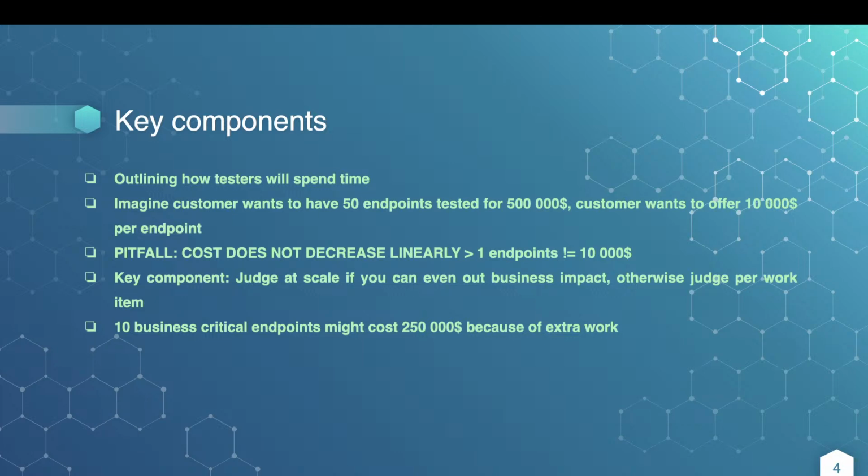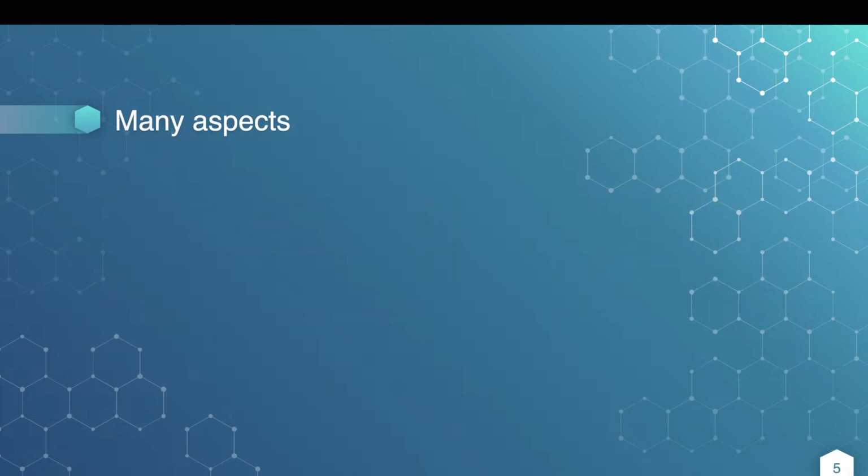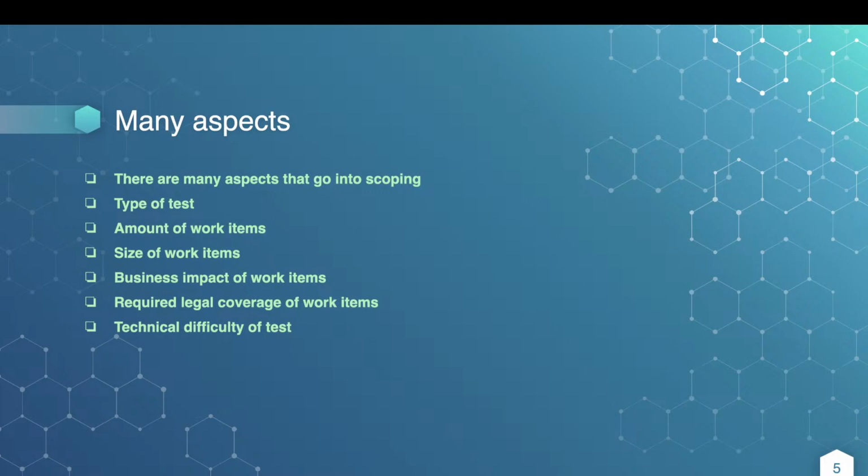That's a difference than if I have 160 blank endpoints. I hope that's clear, because it's a very important thing, that scoping. There are many aspects that go into it, such as the type of test, the amount of work items, the size per work item, the business impact of those work items, legal coverage of those work items, the technical difficulty of the test.